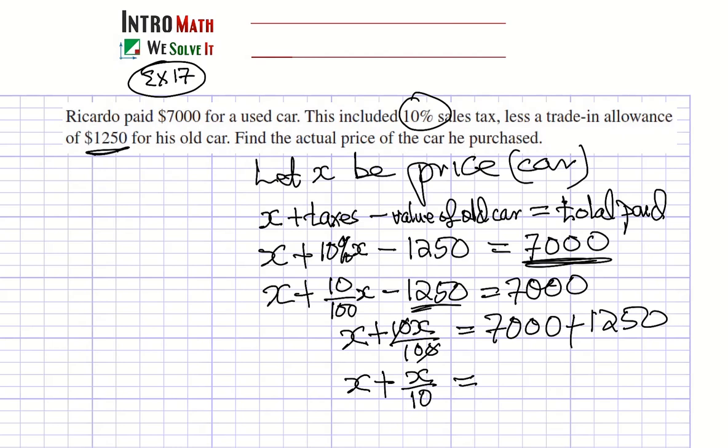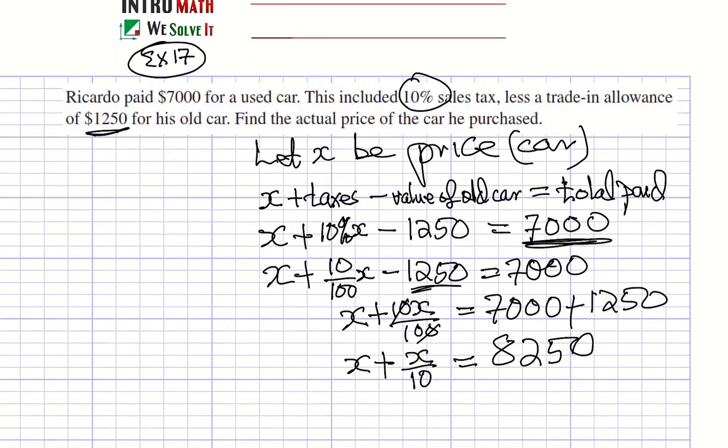So what is on the right-hand side? 1,250 added to 7,000, because you don't want to make a mistake anywhere. If you make a mistake, you come up with the wrong information. So it will be 8,000 plus 250.